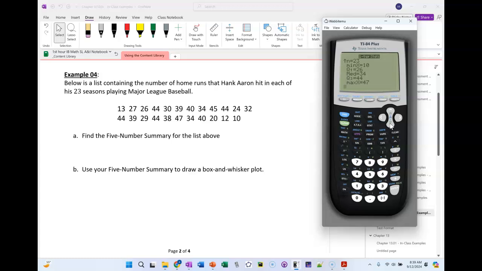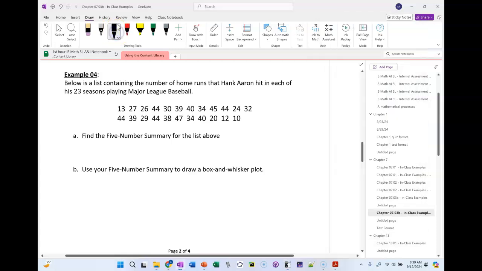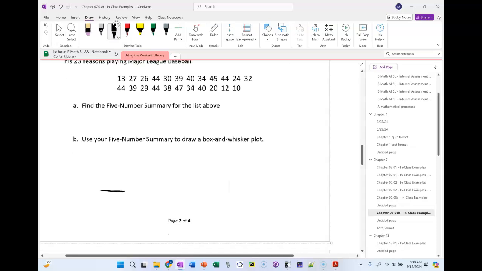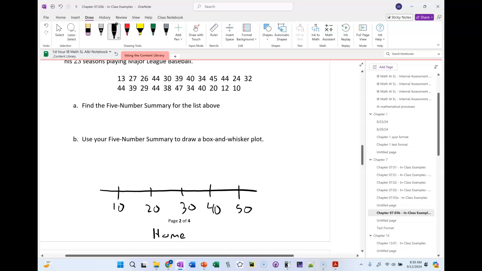Is that what you guys get for your 5-number summary? All right, let's draw our box and whisker guy here. Okay, so we have our home runs.